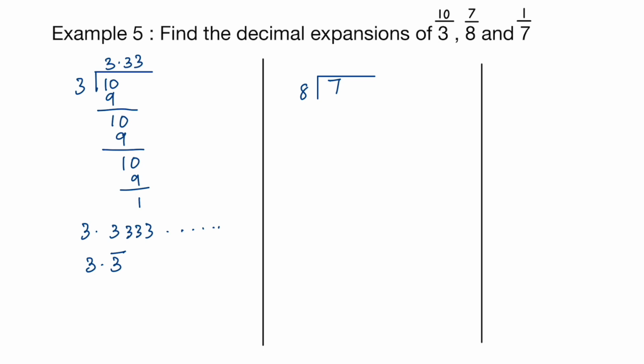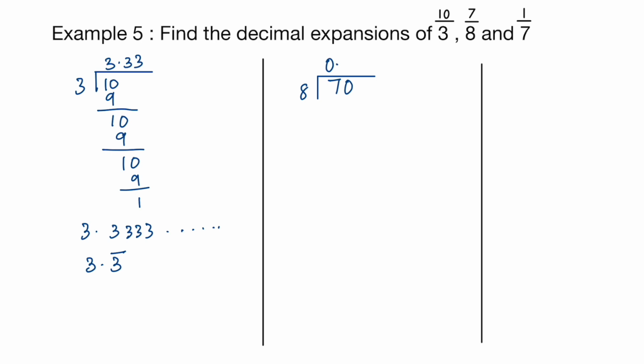So what you do is you place a 0 here and a dot and you make this 70. There is nothing new to learn here. This is a very basic division that we have been doing for years. So I hope it is not a problem for you. We are placing a 0 in the quotient and a dot, and we are making it 70.